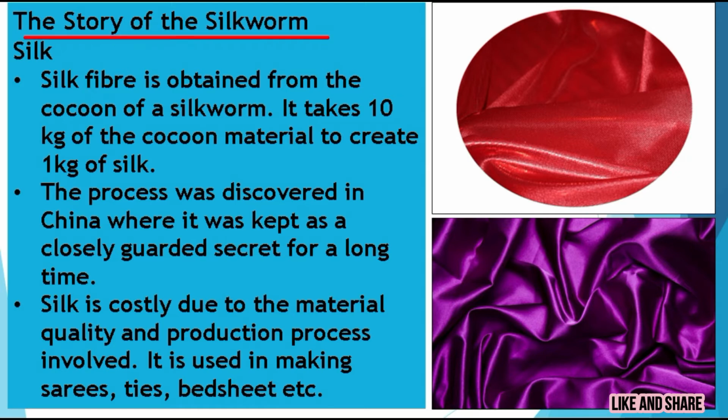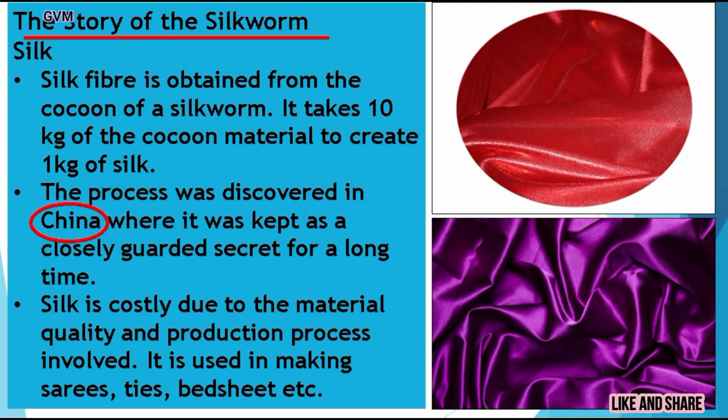So students, the first natural fiber that we get from animals is silk. This silk fiber is obtained from the cocoon of a silkworm, and to create 1 kg of silk needs about 10 kg of cocoon material. And students, the whole process of making silk from silkworm was first discovered in China.